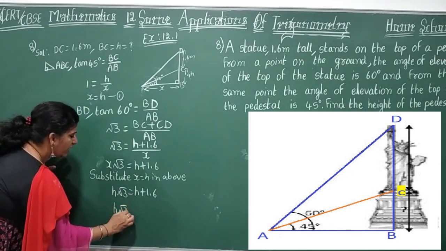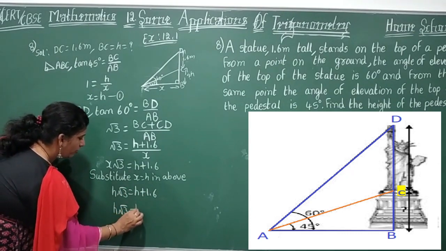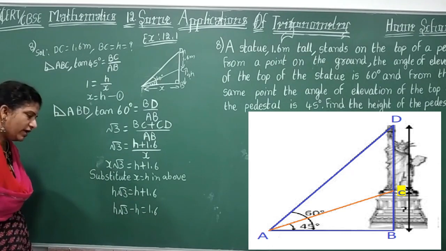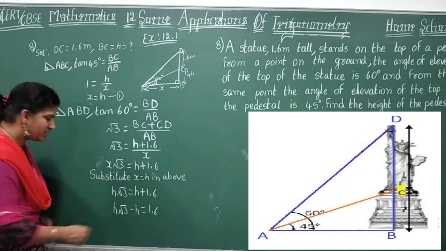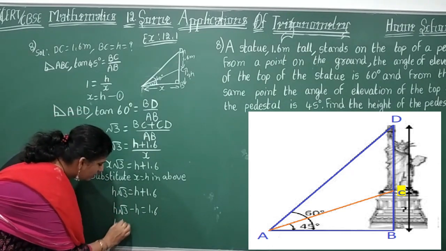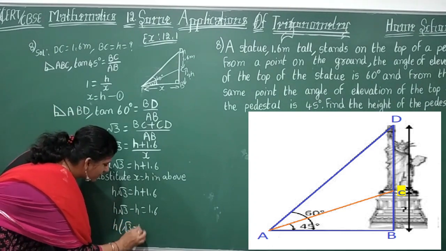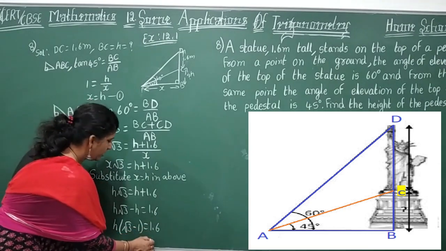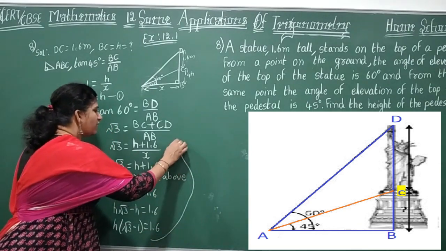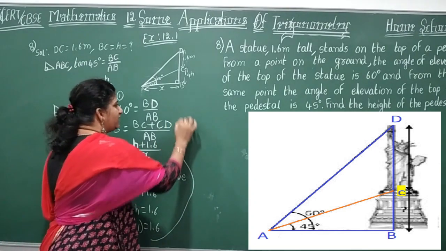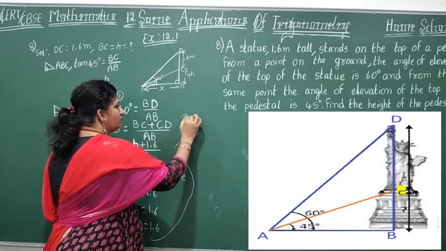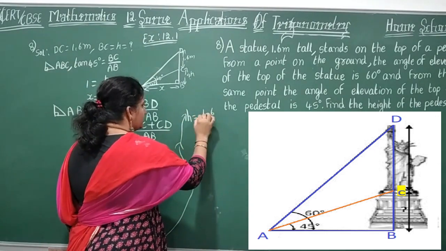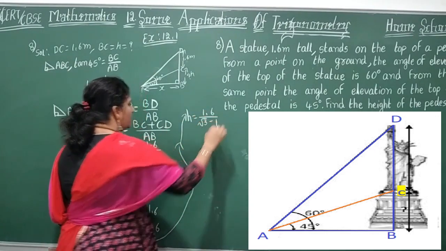H root 3 minus H, or root 3 H also you can write, is equal to 1.6. What is common in these two? H is common. H into root 3 minus 1 is equal to 1.6. So H is equal to 1.6 by root 3 minus 1.